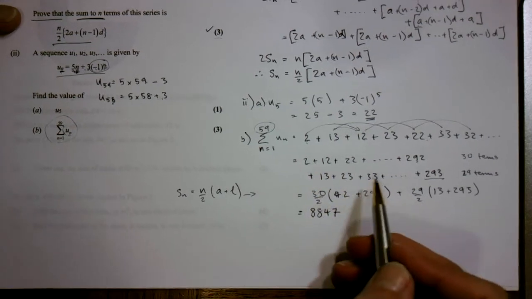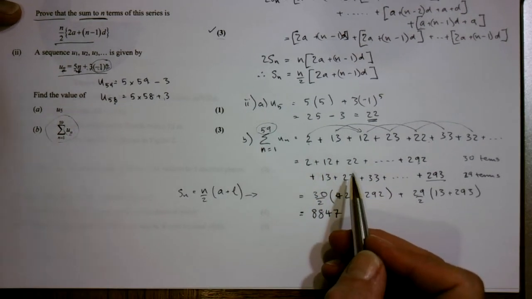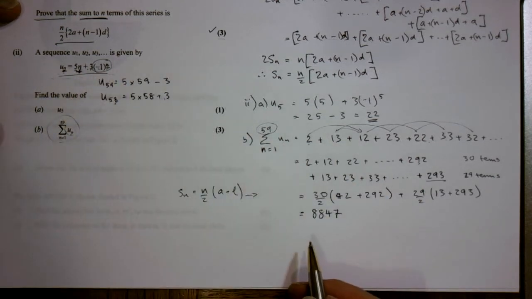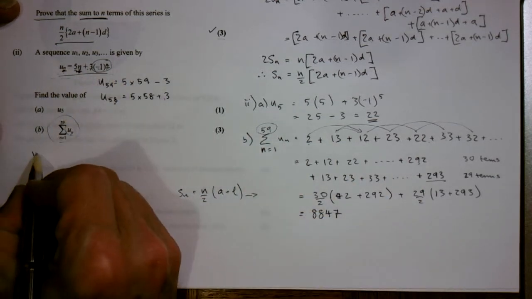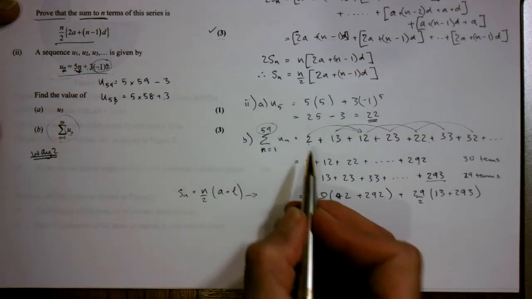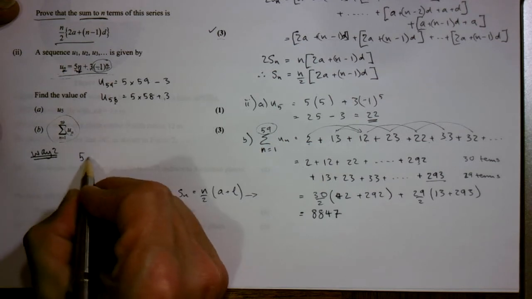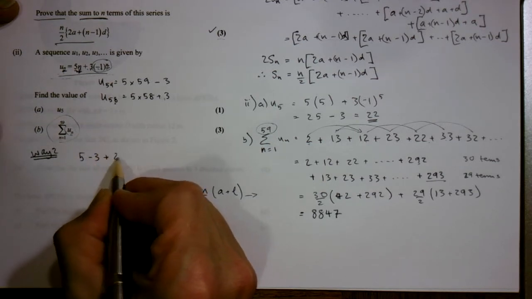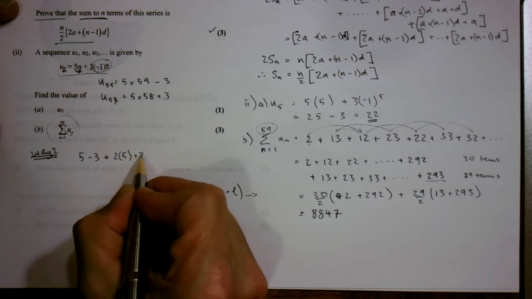There's a different way of doing this, and I think we should learn that way so that if we get something like this again, we could check it a second way. A second way of doing this would be to say, well, my first term is 5, take away 3. Then I've got 2 5s, add 3.